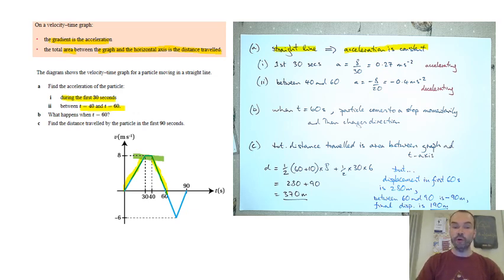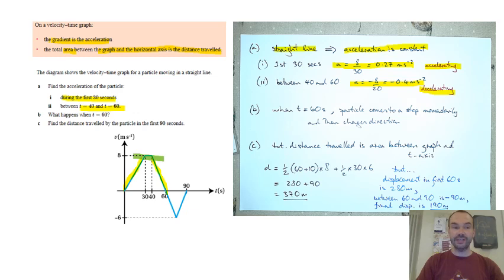Anyway, for the first 30 seconds, the acceleration is 0.27. Between 40 and 60, it's minus 0.4. It's accelerating as the velocity increases, and decelerating here. But because they're both straight lines, the acceleration is constant there.